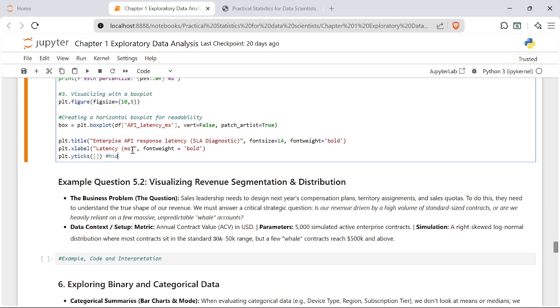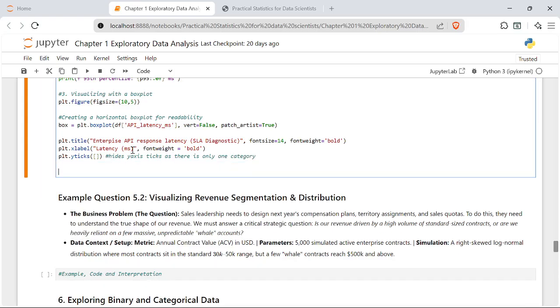This hides y-axis ticks as there is only one category.